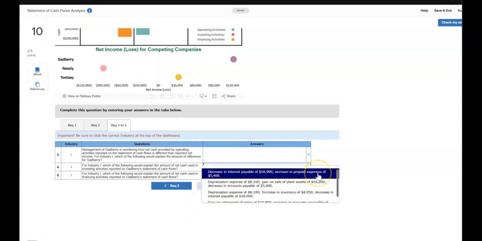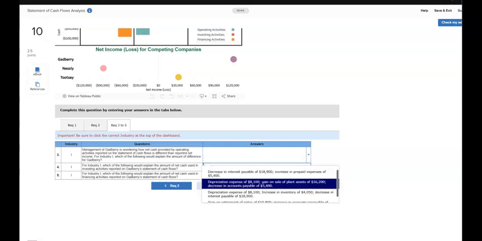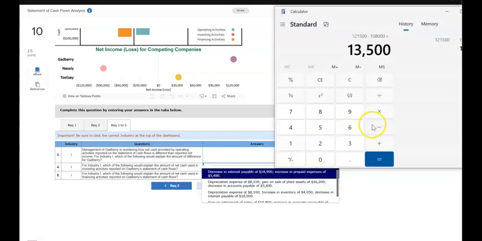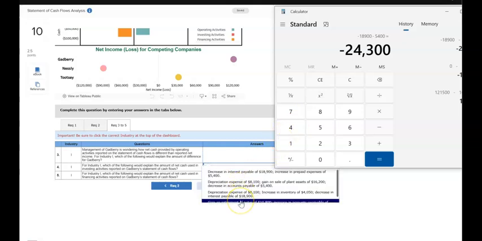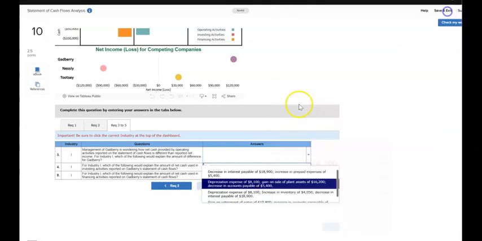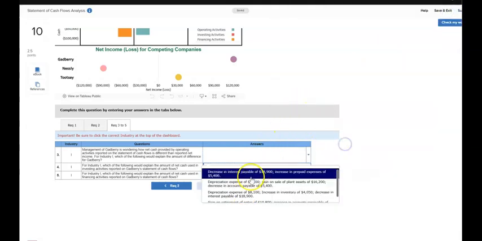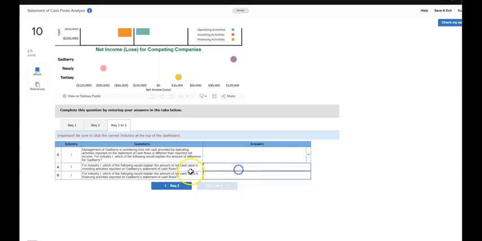An increase in prepaid expenses, that's also a subtraction, right? So we'd end up with the minus $18,900, but then we're going to be subtracting the minus $5,400. So that would overall give you a $24,300 decrease, and our decrease is only $13,500. So you need to look through all of these and find the combination that would get you to a minus $13,500. I'll let you do that.